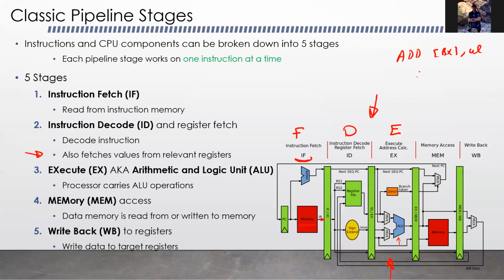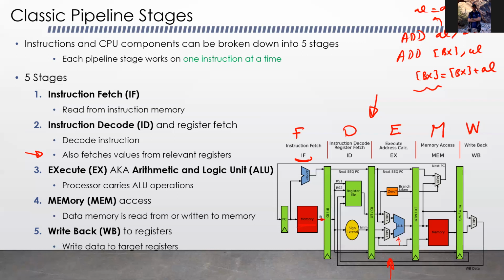In that case, you are saying that the location pointed to by BX will be updated, or added to the value of AL, and then the result is put in that memory address. So in that case, you need memory access. Or you might have something like add AL, BL, which is AL equal to AL plus BL, and in that case you will need to update the register value AL. So in the final stage here, we have what's called the write back to the register files, basically.